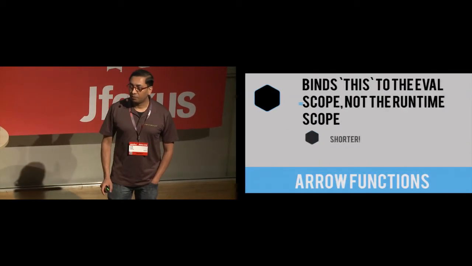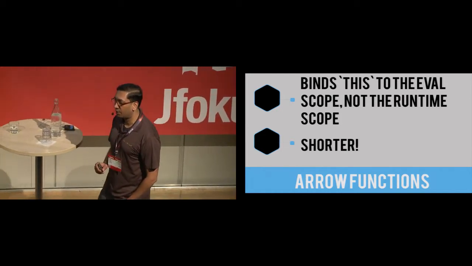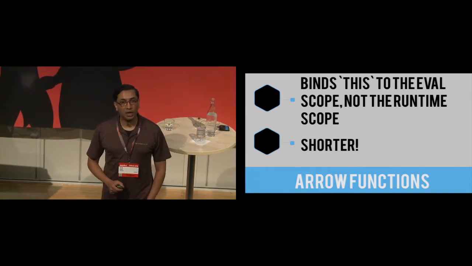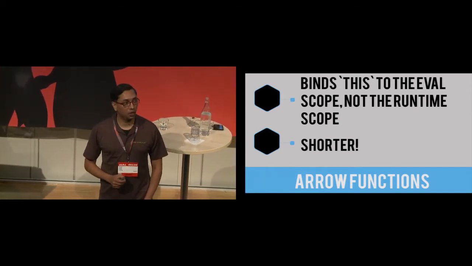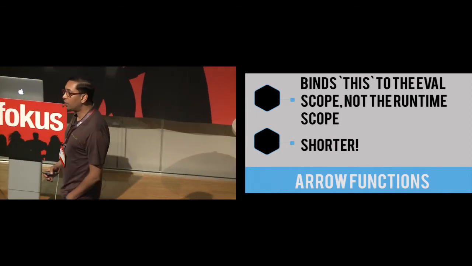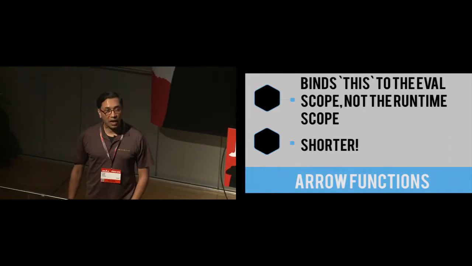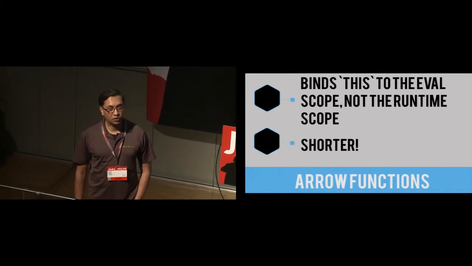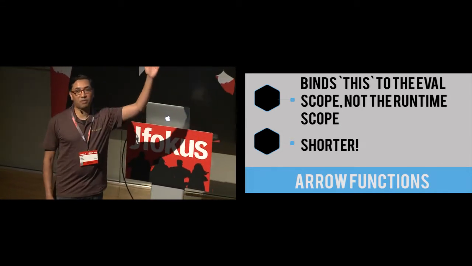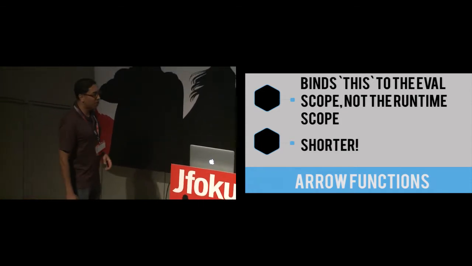And that is that this, that we have in JavaScript, is bound to the evaluation scope and not the runtime scope. Obviously it's shorter, but again, the keyword this is bound at the evaluation scope versus the runtime scope. Now, how many people understand what I just said? I don't even understand it. Okay, some people do. Thank you. Good. That means I've done a good job of trying to explain it.